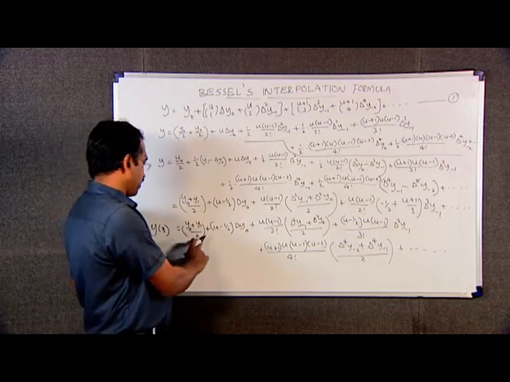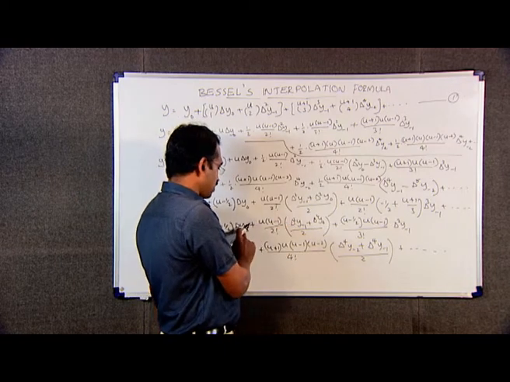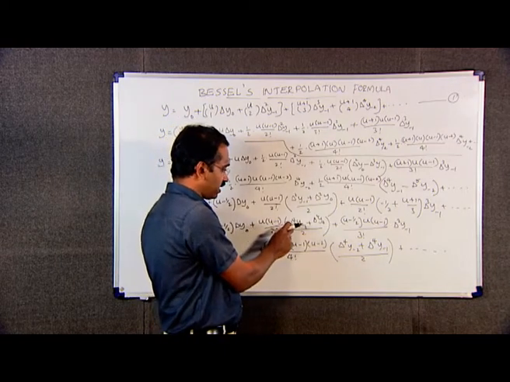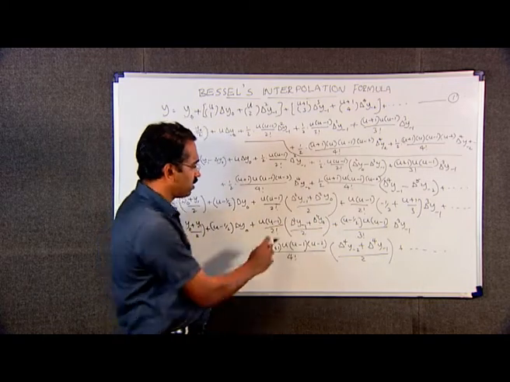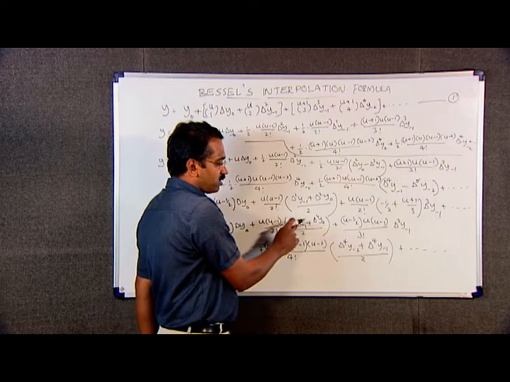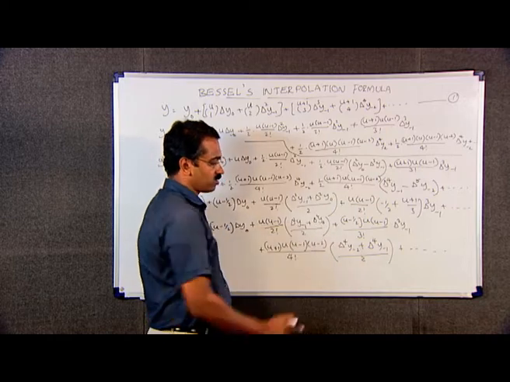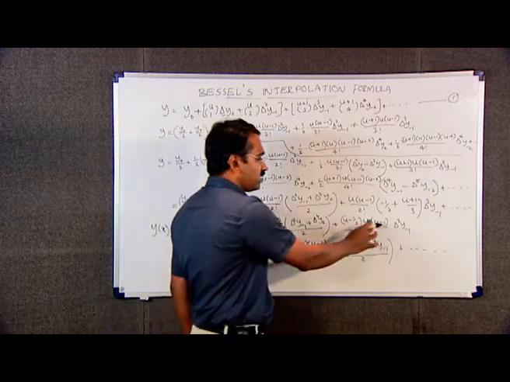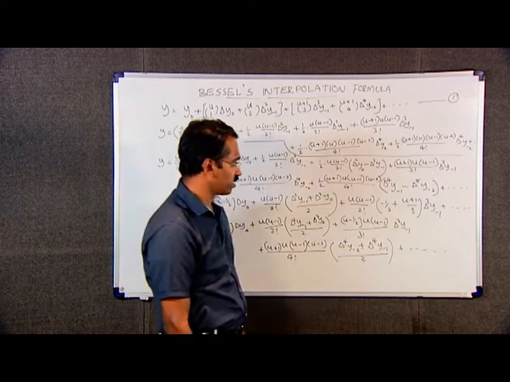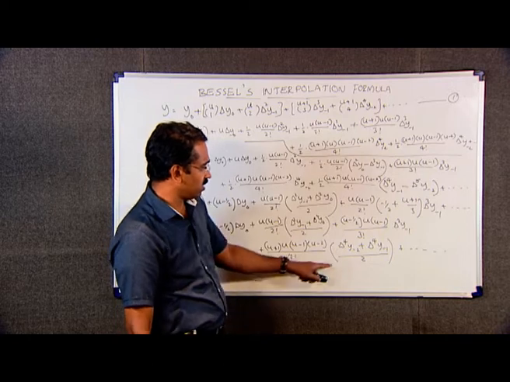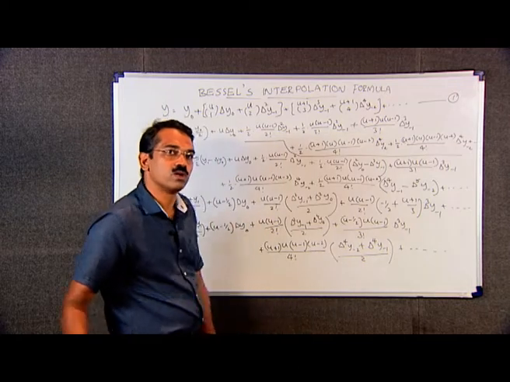In the first term the difference is delta y naught, an odd order difference. In the next term there are 2 even order differences, taken as the average of these 2, that are delta square y minus 1 and delta square y naught. In this term, delta cube y minus 1 is an odd order difference, and in the next term, the average of 2 even order differences, and so on.